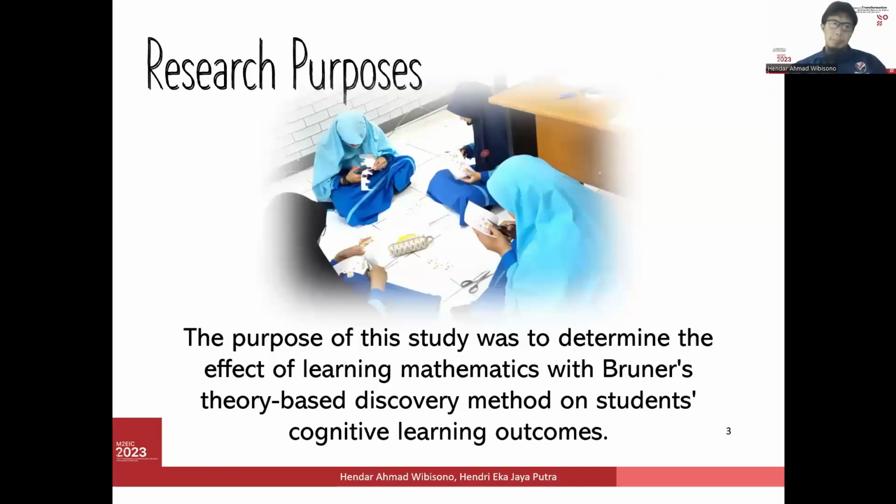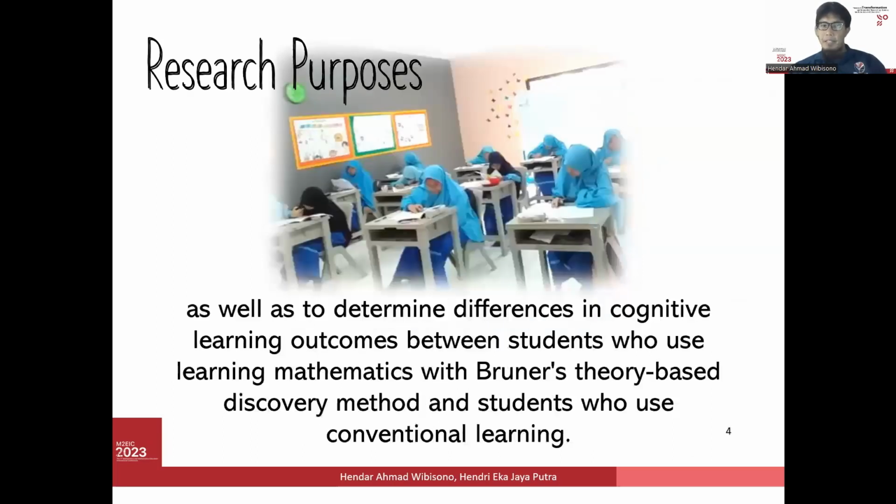And my research purposes, the purpose of this study was to determine the effect of learning mathematics with Bruner theory-based discovery method on student cognitive learning outcomes. As well as to determine the difference in cognitive learning outcomes between students who use learning mathematics with Bruner theory-based discovery method and students who use conventional learning.